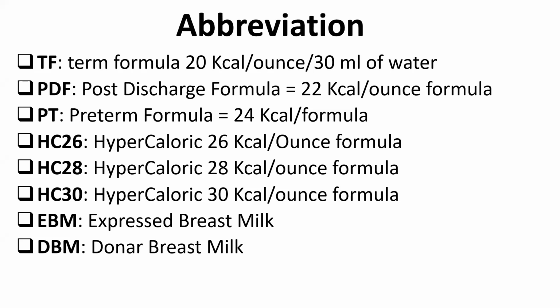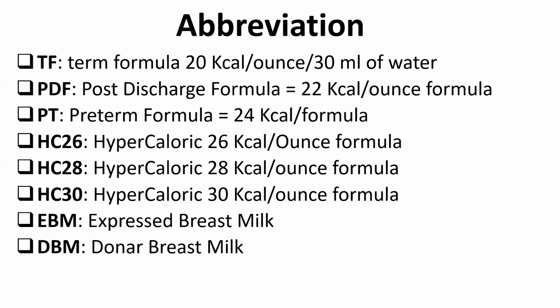Or sometimes some companies will put the number 20. So remember, look at the content. Today when you go, just take 1 can of milk and look at that number. In 100 ml, how many calories are there? If you find it 66, you know this is term formula. Is that clear?